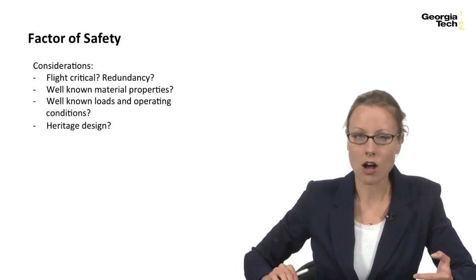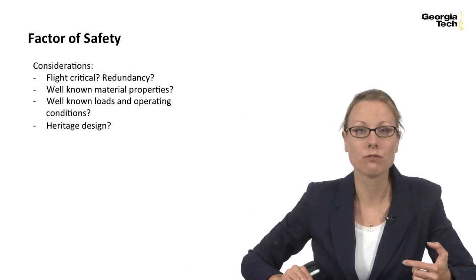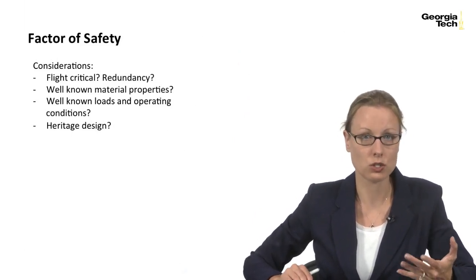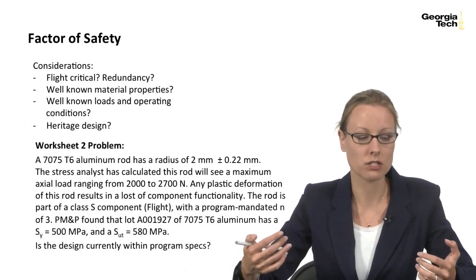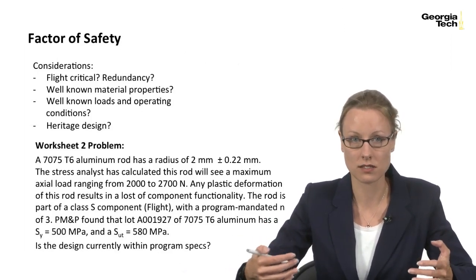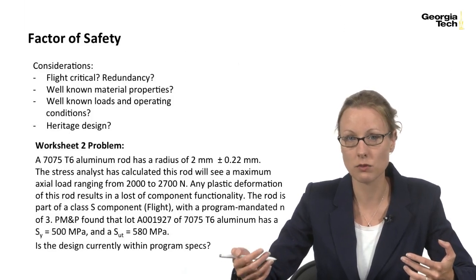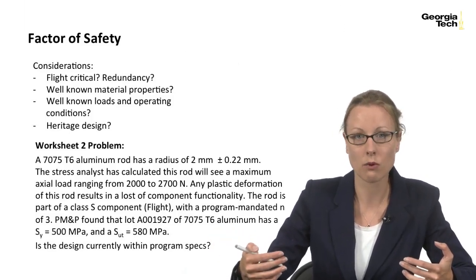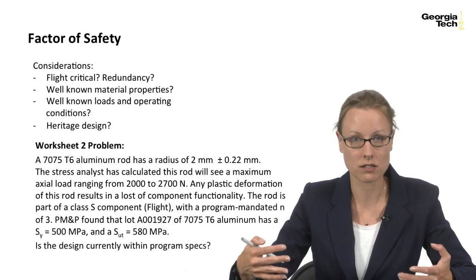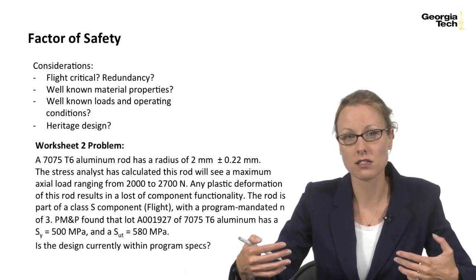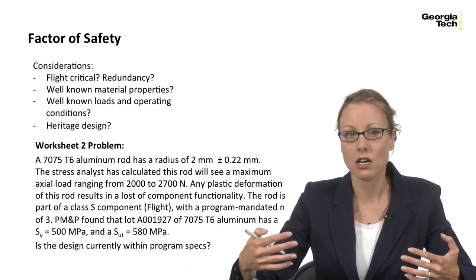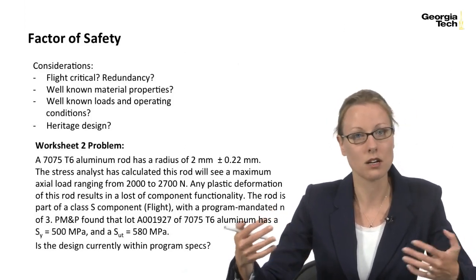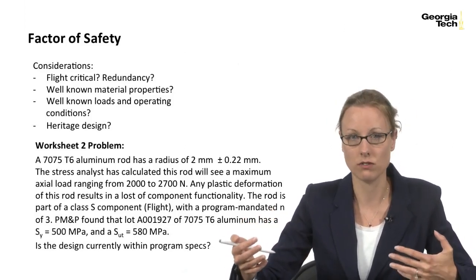So with that, I'm going to refer you to worksheet 2, which gives you this problem: a 7075 T6 aluminum rod has a radius of 2 millimeters plus or minus 0.02 millimeters. So there's its tolerance. And the stress analyst has determined that this rod will see a maximum load ranging anywhere from 2,000 up to 2,700 newtons.